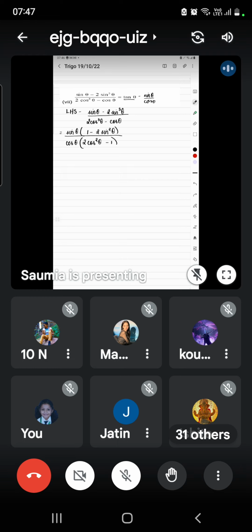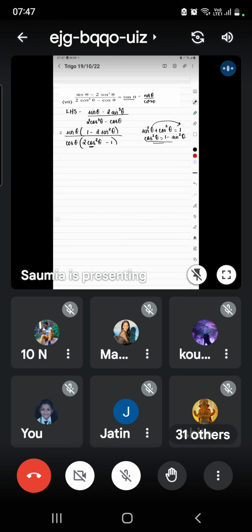So as Jatin said, we are going to replace the cos square theta by sine square theta or vice versa. Using the Pythagorean identity, sine square theta plus cos square theta is equal to 1. So instead of this cos square theta, I can write 1 minus sine square theta. This I will place instead of this.